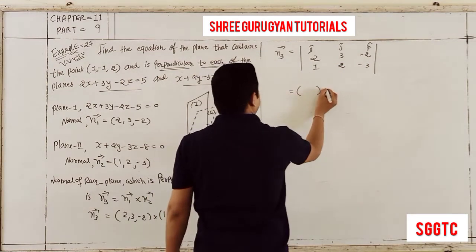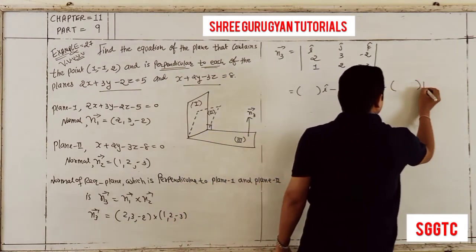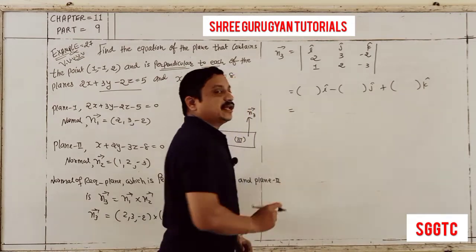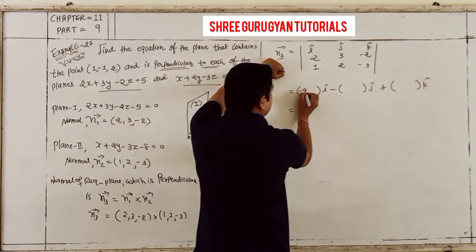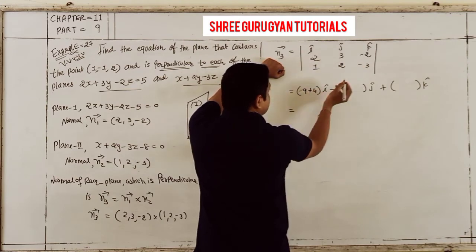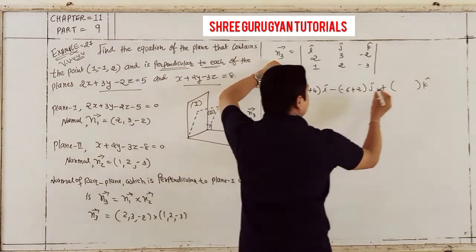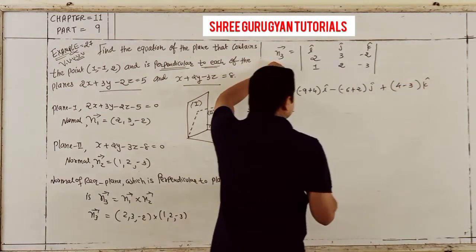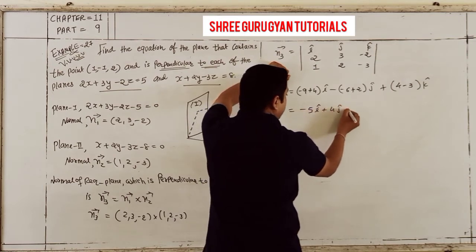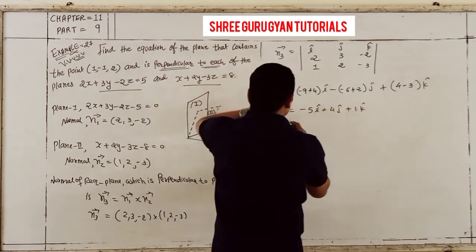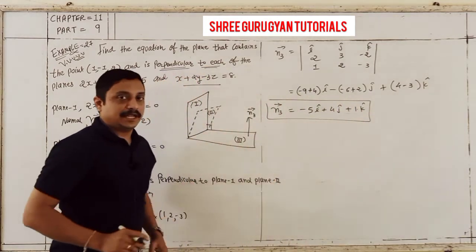So it becomes i minus j and last k, and we derive the third plane direction. So 3 minus 9 plus 4, second minus 6 plus 2, and last 4 minus 3. So minus 5i plus 4j plus 1k. That's your n3, the normal of the third plane, the required plane.